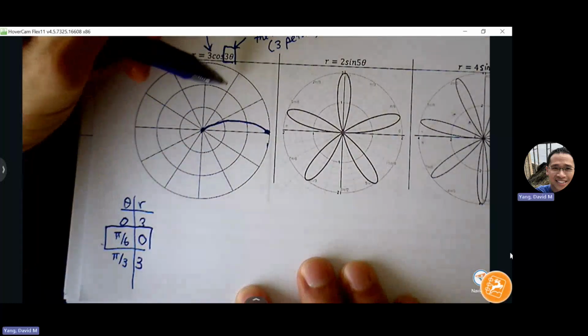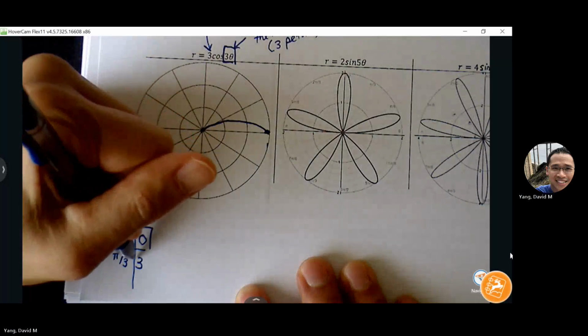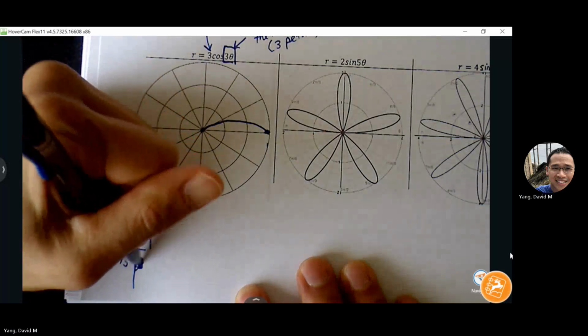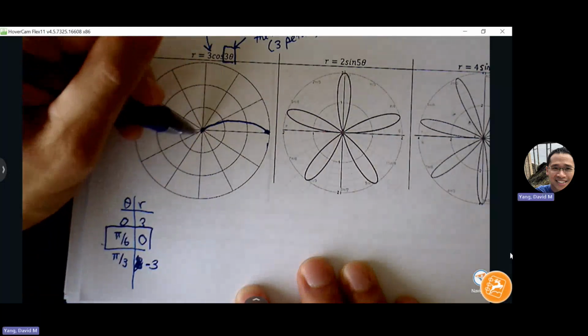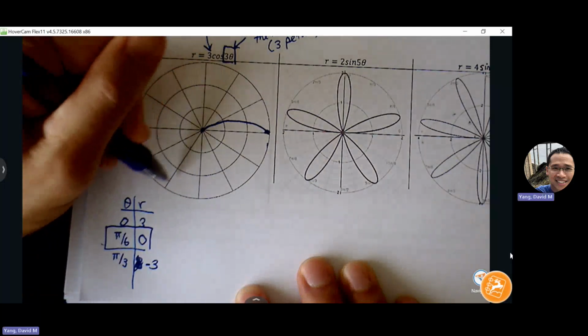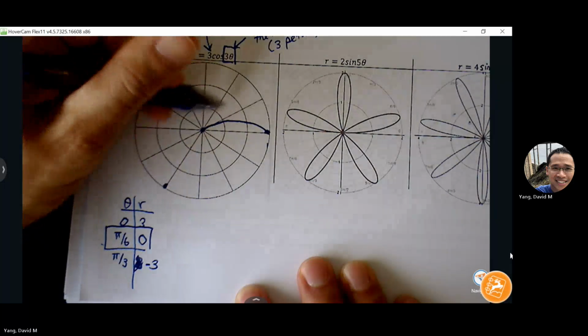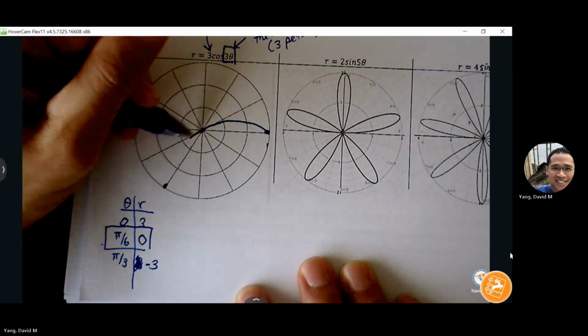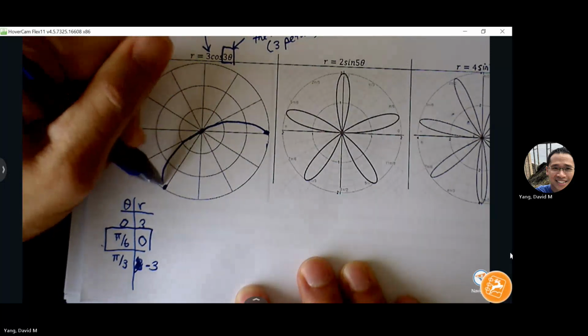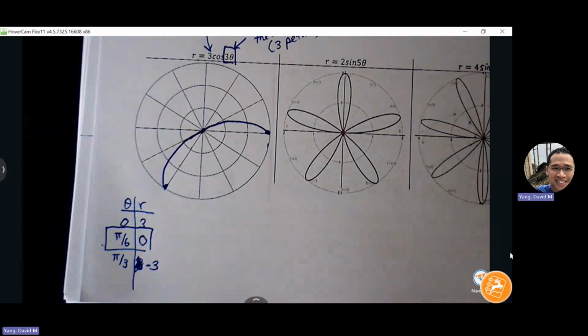So that means at this pi over 3 line, it's going to be going across on this side to -3. So 1, 2, 3. So it's going to begin that second petal before it even finishes the first one.